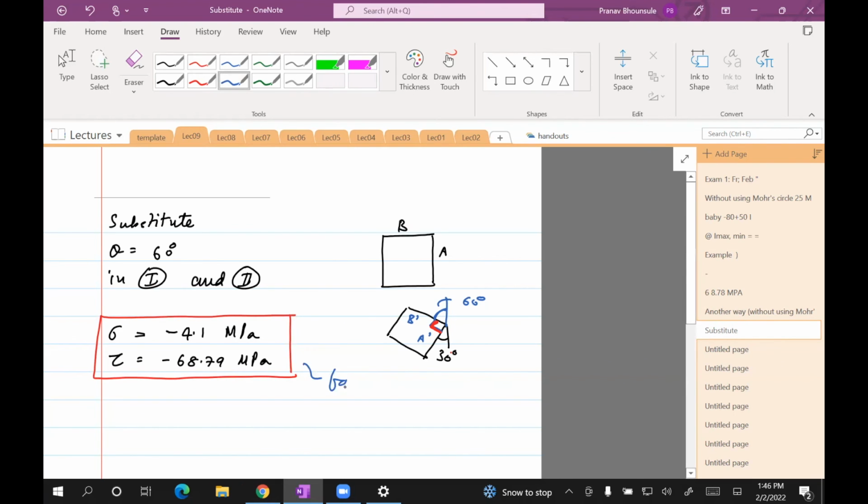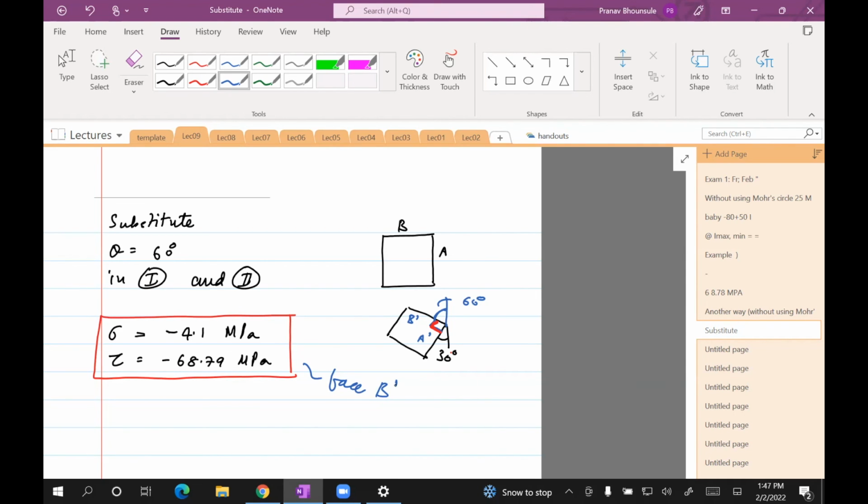This is face B, or B prime. Okay, and then this is just solving for the first part, that is the stresses on face A and face B. The next step is to draw the stress element, the rotated configuration, and show the stresses.